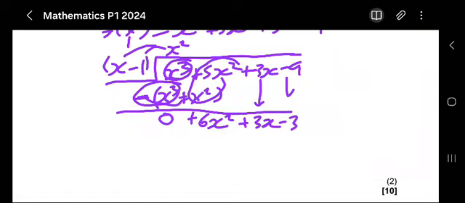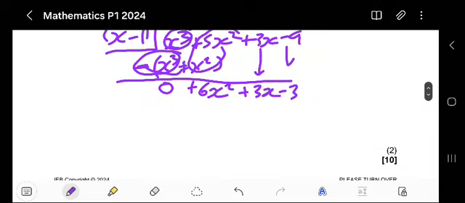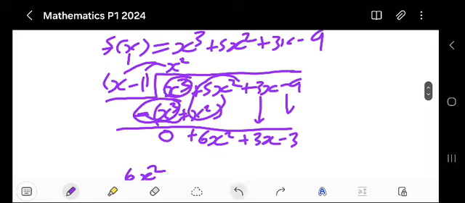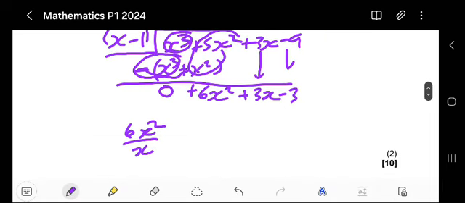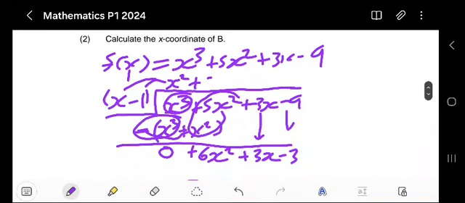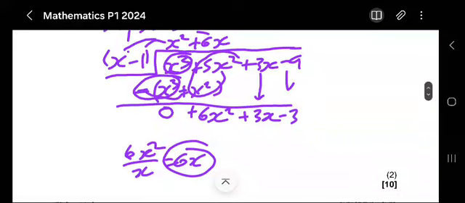Then you repeat the process again. The first one, 6x squared divided by this x here. If you divide by x, you'll have 6x. You write it here on the top, plus 6x. You multiply also there on the brackets.